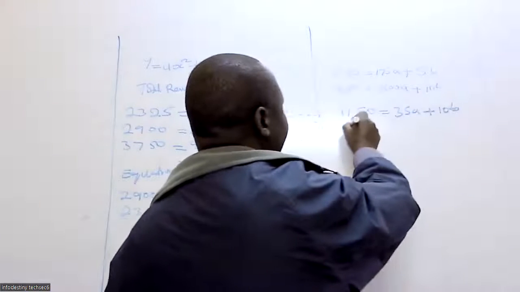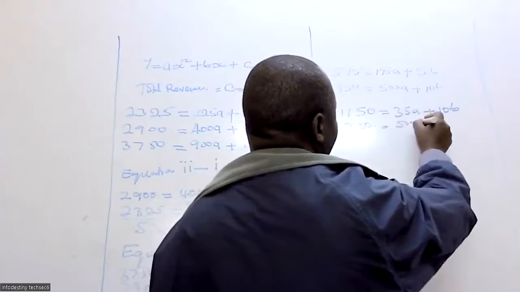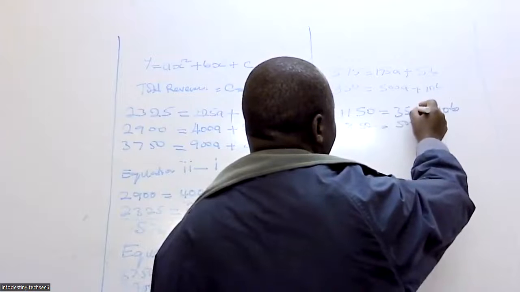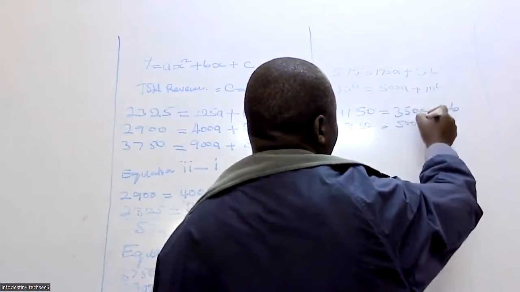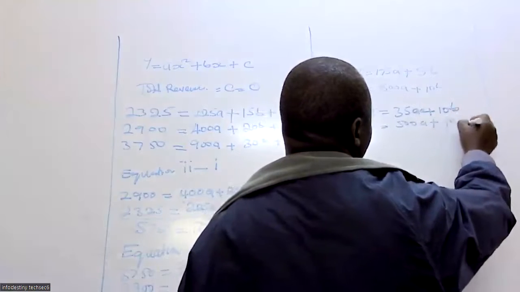Now this is going to be 850 equals to 500A plus 10B.